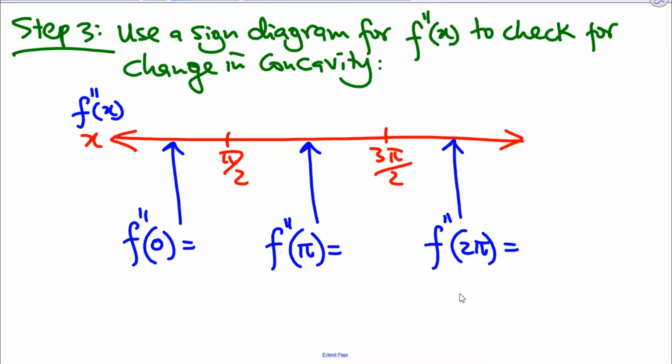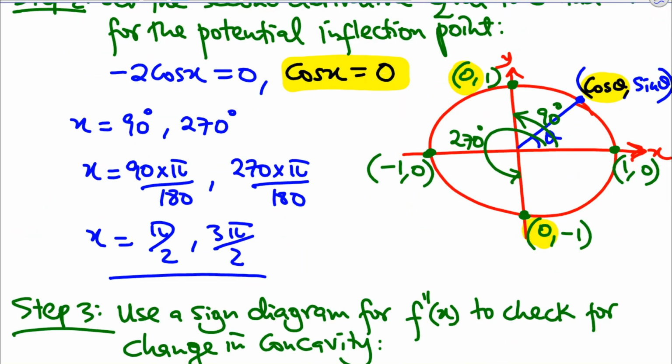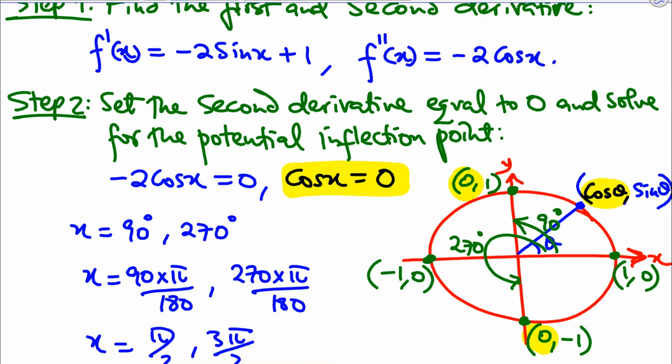Now we are plugging these into the second derivative. If we plug in 0, we know that cos 0 will be 1.